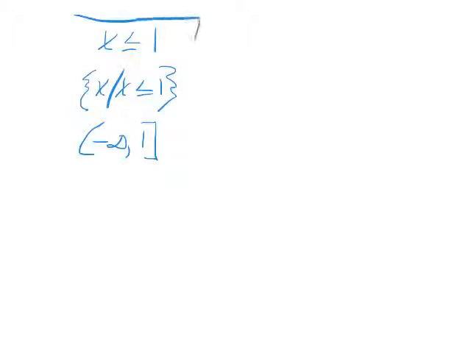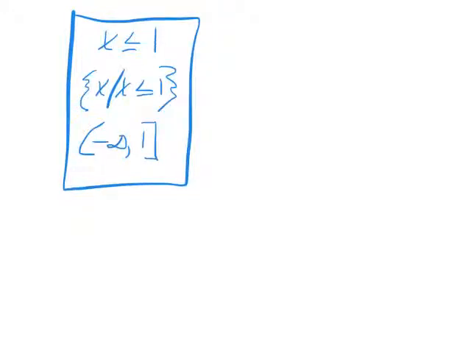And just remember there's set builder notation, x such that x is less than or equal to 1. Or if you want to use interval notation, negative infinity to 1 inclusive. So that's three ways to label your answer, depending on what they're asking for. Just be familiar with all three of those ways of labeling that answer.